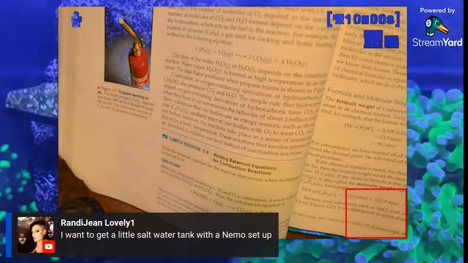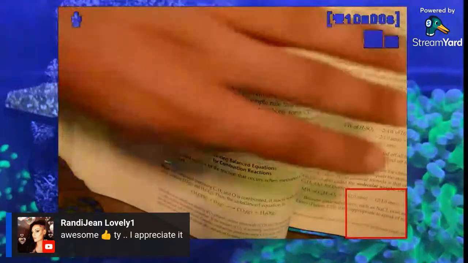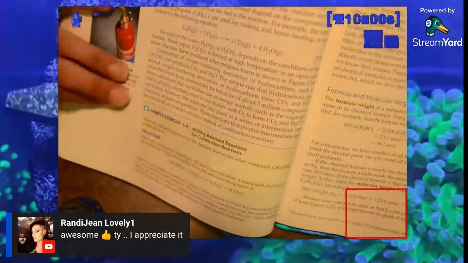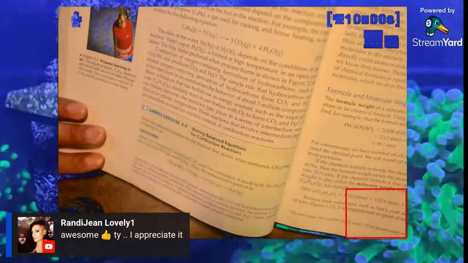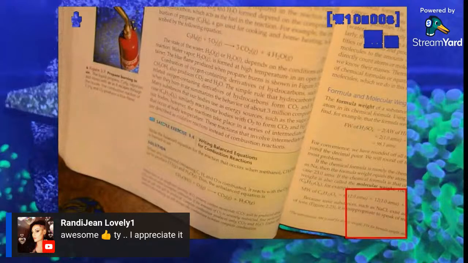That's why I'm teaching everybody chemistry. Awesome. Thank you. I appreciate it. Hey, definitely, Randy, let me know what size tank you want to get, and then I'll look them up and I'll send you the link so you can just buy the tank or look for it at the store.